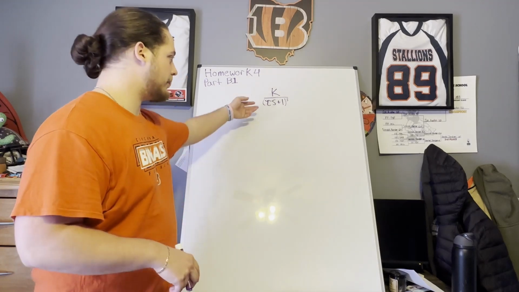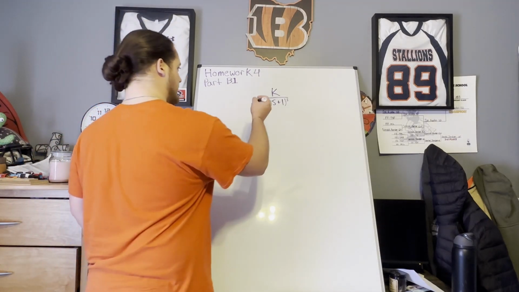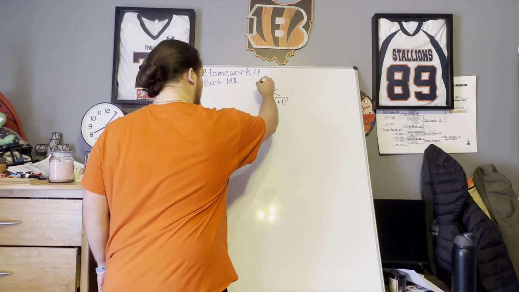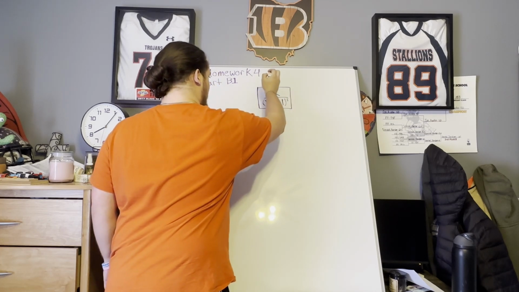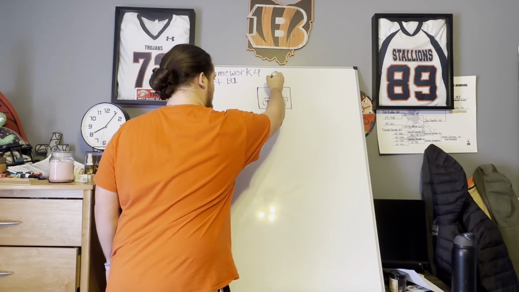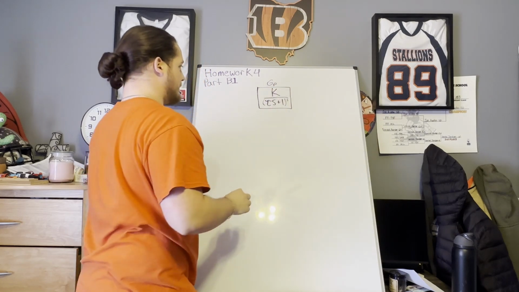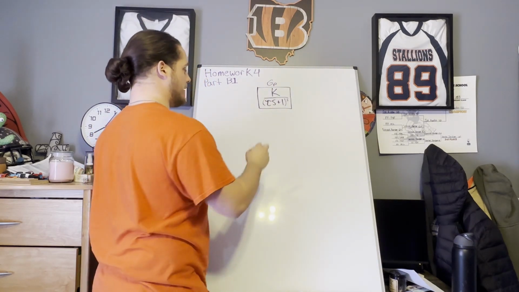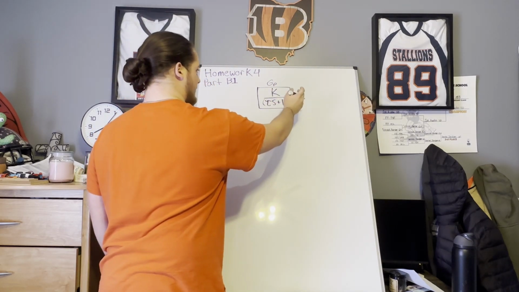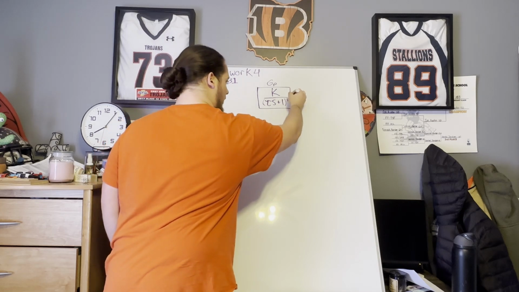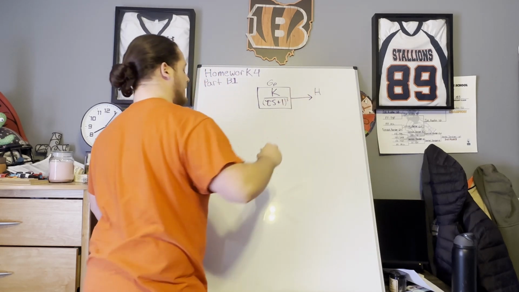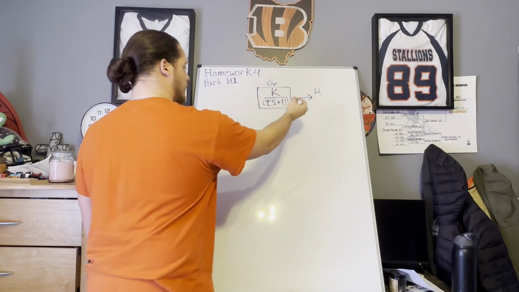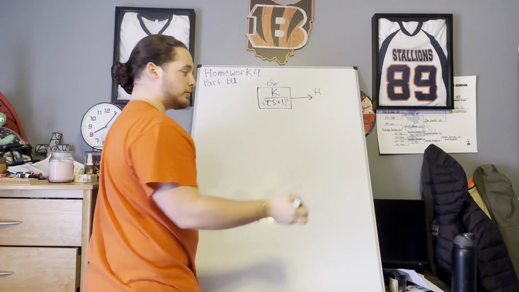All right, so moving into our transfer function, we can move into our block diagram. So our transfer function, we put a box around it, and we can denote this our GP. So we'll have some input going in, and from our GP, we will output a height. And from this height, we know that we have a feedback control loop.